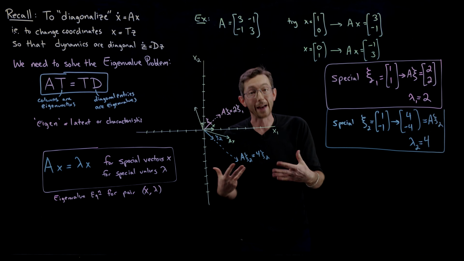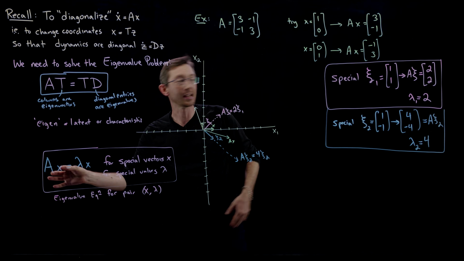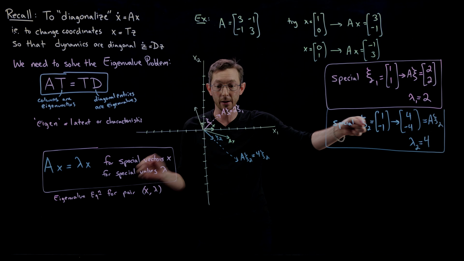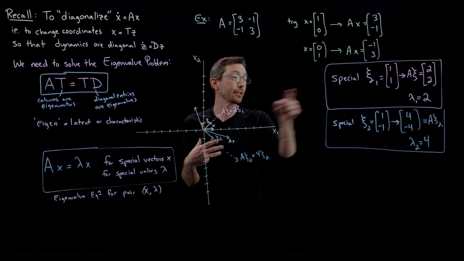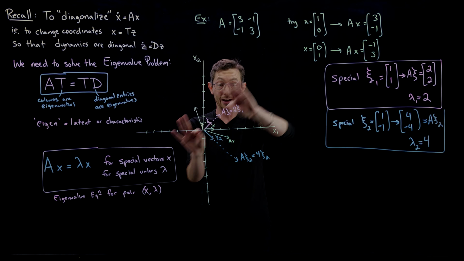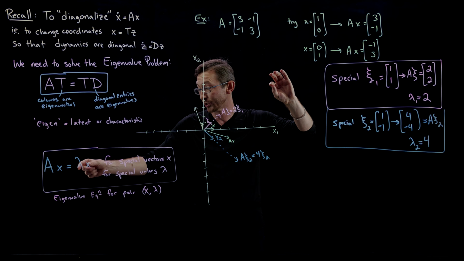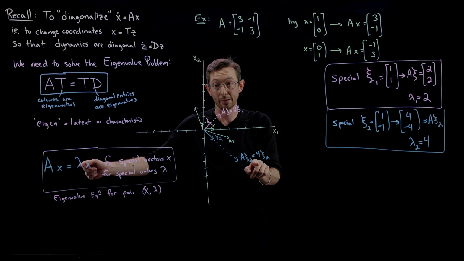So there are, in fact, these very special kind of eigendirections, these eigenvectors x, I call them xi1 and xi2 here, these pink and blue directions, where if I multiply those very special vectors by my A matrix, I get a vector in the same direction that's just scaled by lambda. In this case, lambda 2, in this case, lambda 4.